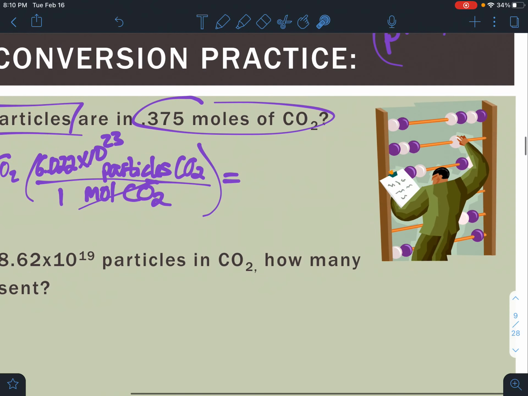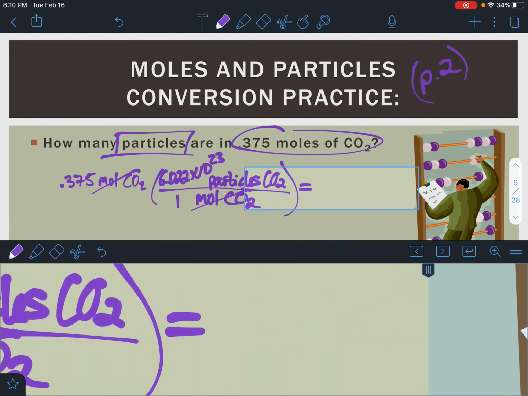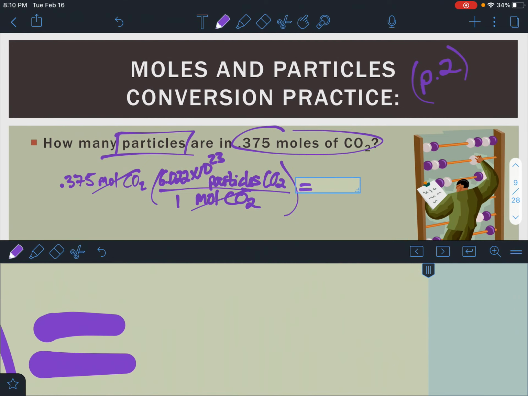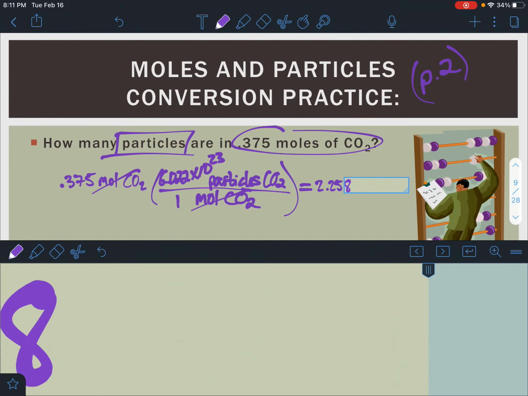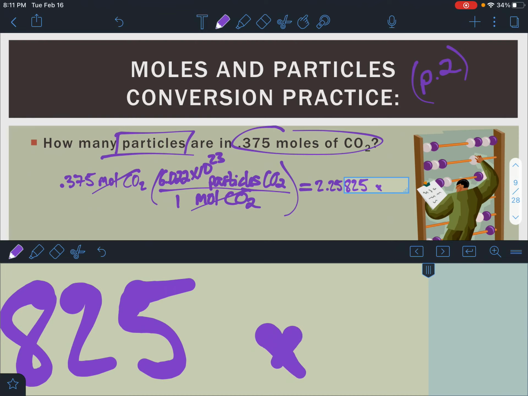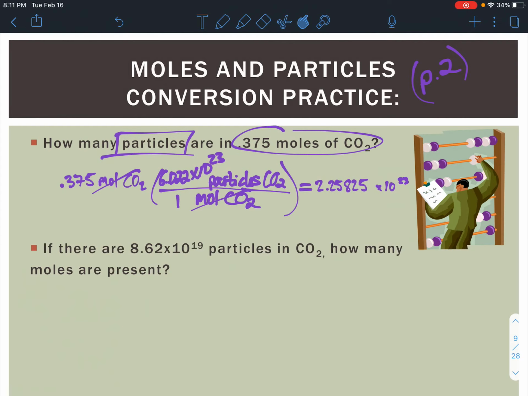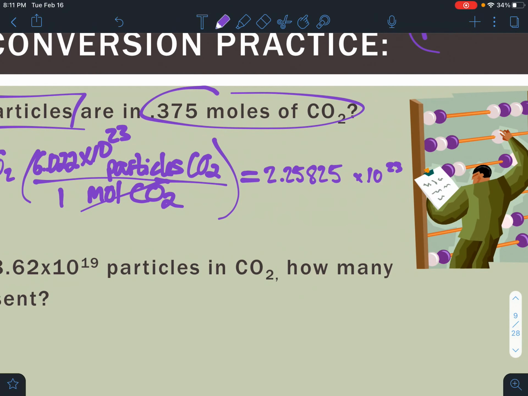Now in my calculator, it says, and I'm going to record it here, 2.25825, and then there's like a little times 10 to the 23rd. Okay, so that's the calculator's answer.